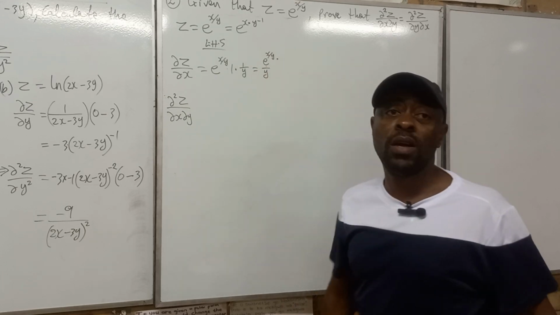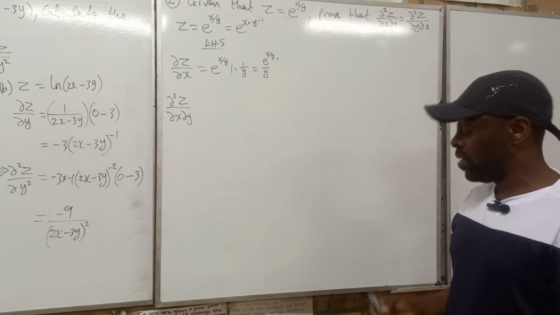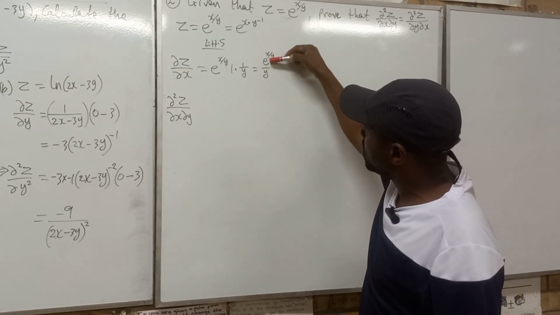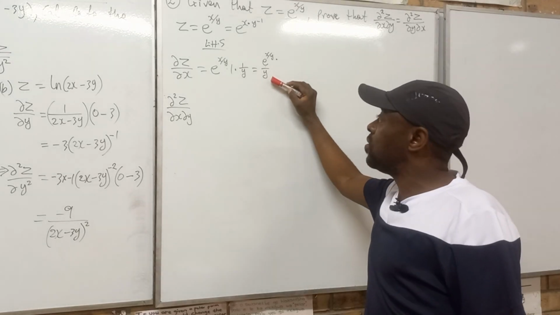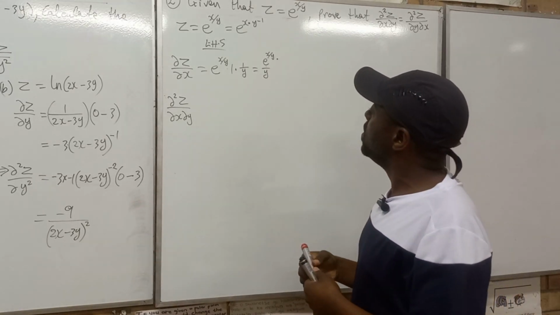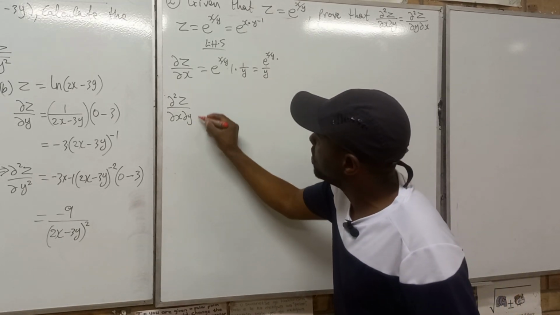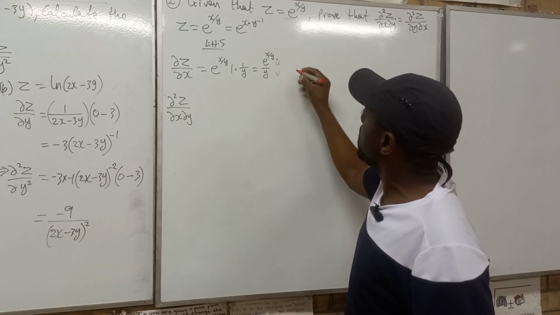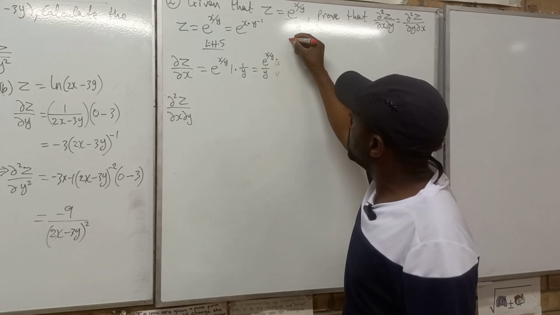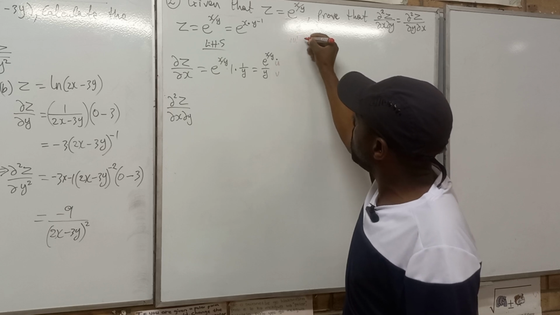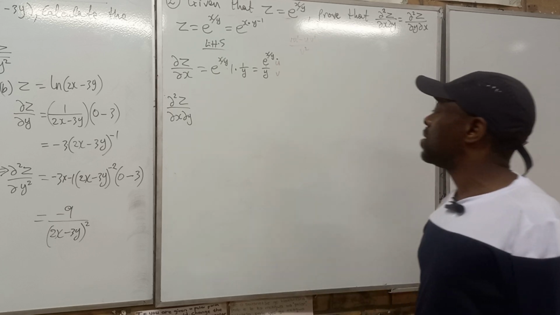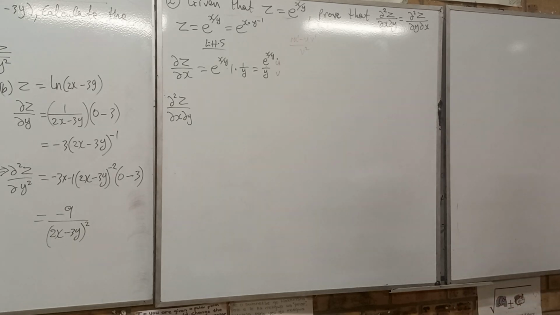So y is now the active variable. And when you look at your problem, y finds itself at the numerator and at the denominator. So that therefore means this is quotient rule, because the active variable that we're looking for is at the numerator and at the denominator. So here we need to be using v u prime minus u v prime over v squared. That is how we are going to see our problem.